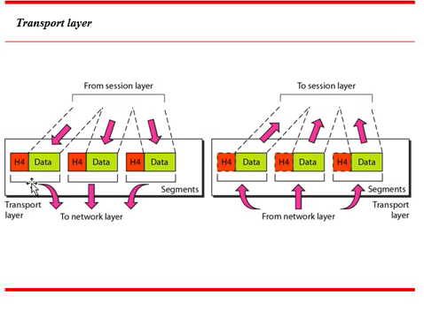Here you can see different segments, and each segment has its own header that contains the source and destination port numbers and the sequence number. Later, in the next slide, we discuss the purpose of the source and destination port numbers and the sequence number.